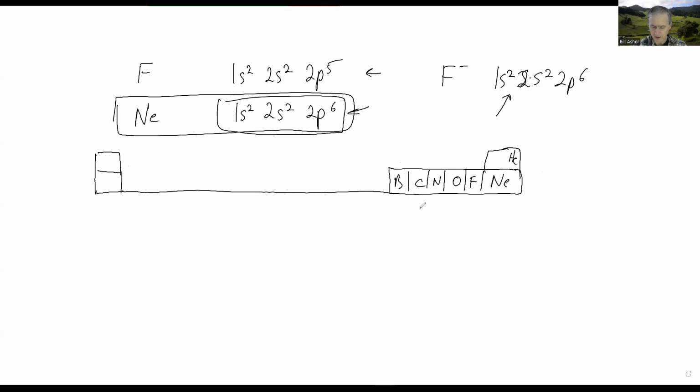There's neon, right? And so things over here tend to want to gain electrons.